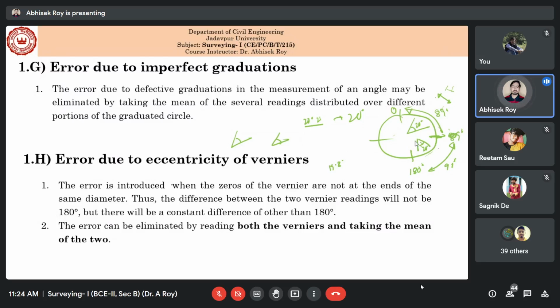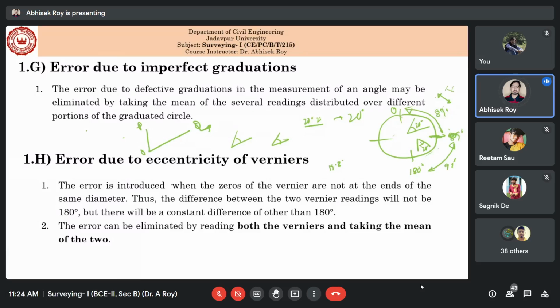To avoid this problem, we don't measure the angle by only making vernier A 0 while bisecting P, and then bisecting Q. No, we don't do that. At the time of measurements I have said to make vernier A 0 when you are bisecting OP.